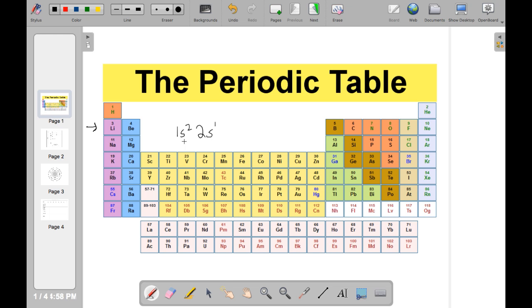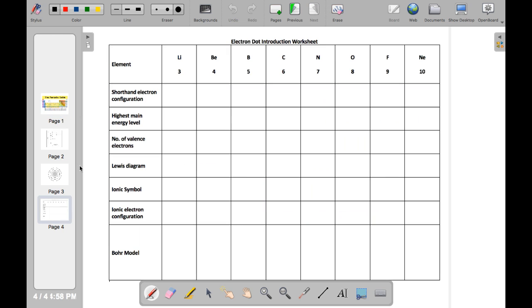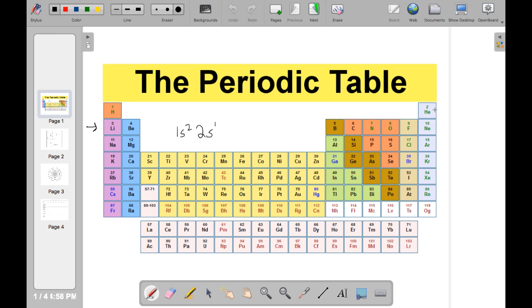Each energy level has this subshell, and this subshell has one orbital which can hold two electrons. So how do I write this in shorthand though? Well, shorthand means I write the previous noble gas, which would be helium. And helium is 1s2, so then I don't have to write 1s2. I just write helium, then 2s1.